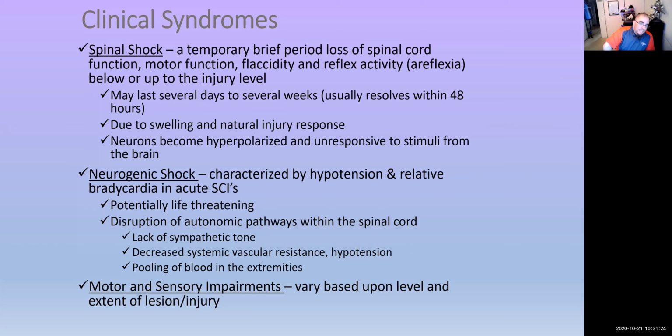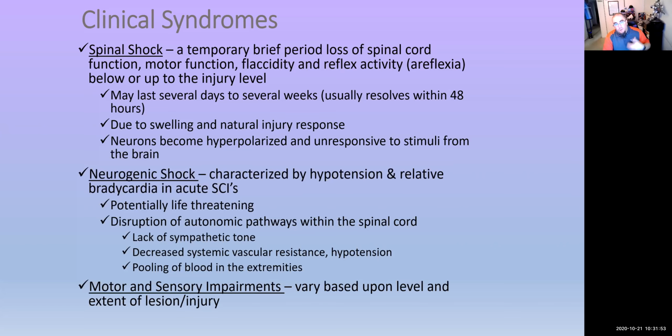So if you have a patient that has a spinal cord injury, we're going to be looking at their skin regularly because we want to make sure that they're not going into what's called neurogenic shock. Because as that blood pools and collects maybe in the feet, what happens to blood as it sits around and just lays there? Yeah, it starts clotting. So now I'm in neurogenic shock because I've got a spinal cord injury.